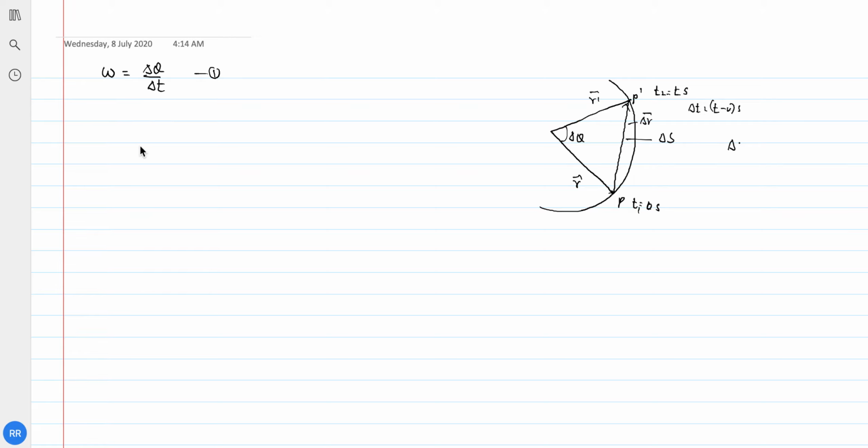So we can write that velocity defined between the point P and P prime is equal to delta s upon delta t. But आप इस डेल्टा एस को आप कैसे डिफाइन कर सकते हैं?